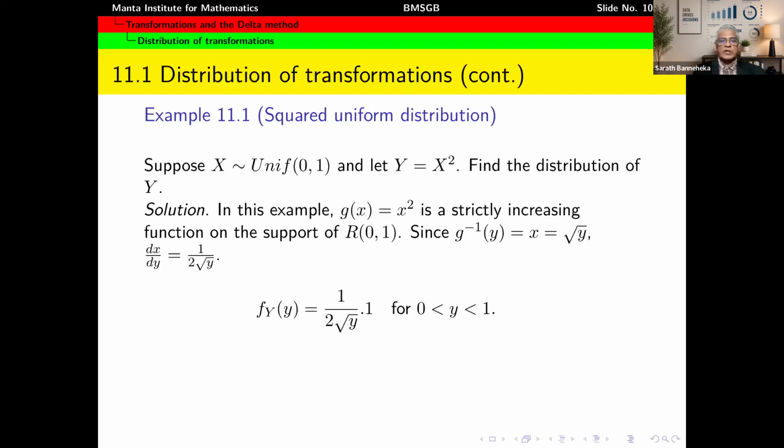And if you are interested in the cumulative distribution function, of course, you can integrate the density function from 0 to some value y. In that case, you get capital F subscript y evaluated at simple y.